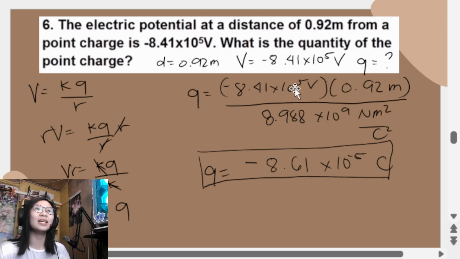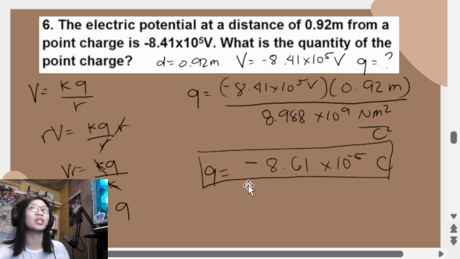So your V is negative 8.41 times 10 raised to 5 volts, your r is 0.92 meters, and your k is 8.988 times 10 raised to 9. Multiply the first two, and divide the product by your k.